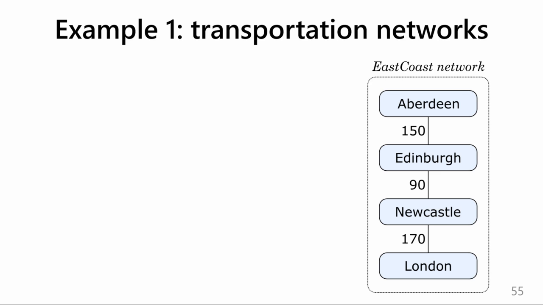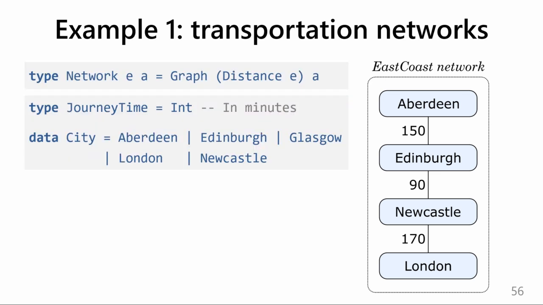So a couple of examples of edge-labeled graphs. This is a route I often use, this East Coast rail network. For example, it takes 170 minutes to reach London from Newcastle. So these are distances in minutes by train. How can we represent this? We have a data type for cities. So we can create a network type alias for graphs where labels are from the distance monoid.